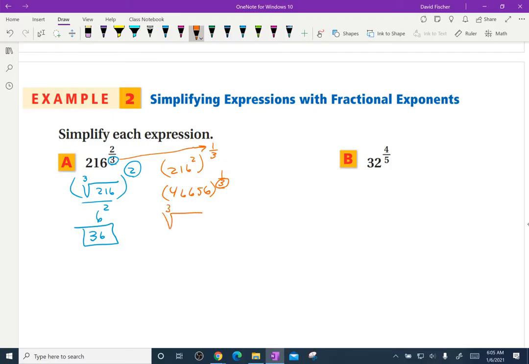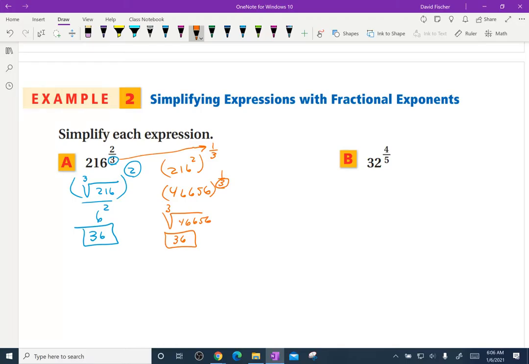So if I take the cube root of 46656, which is a lot of digits to plug in, I also get 36. Okay, so I like the first method here because I can put all this into my calculator and just keep continuing on with my problem.